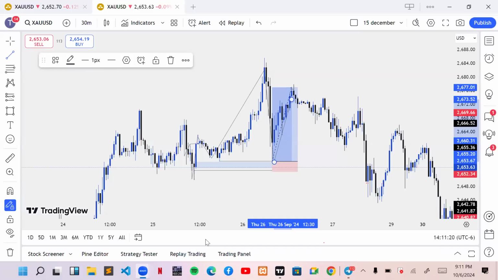Must the break of structure be a high displacement to the upside? What? What do you mean by that? Must it be a high displacement? Please pay attention again. Let me just get this straight.